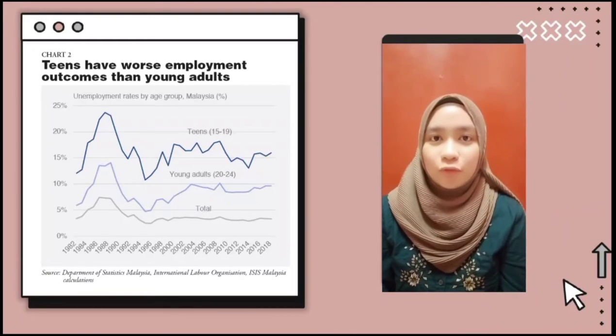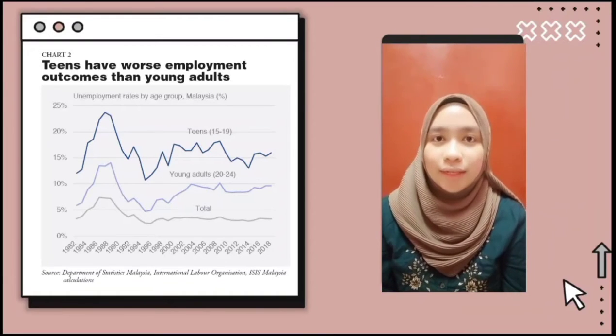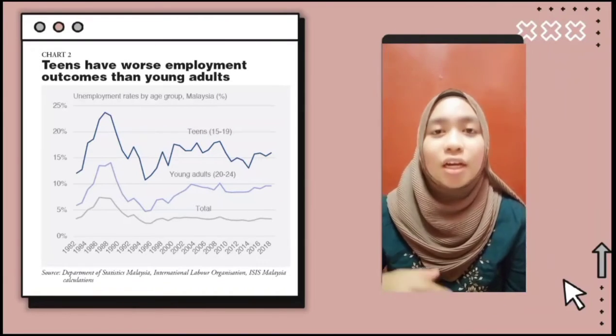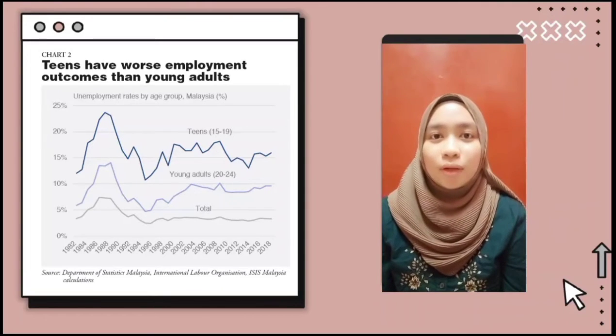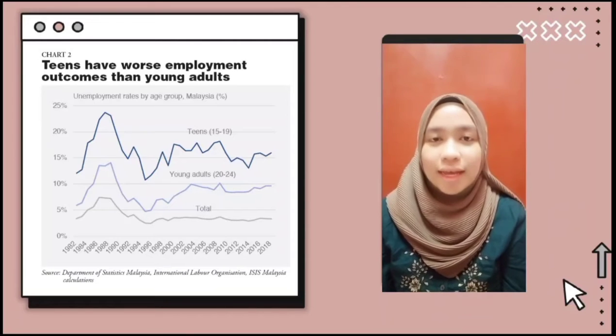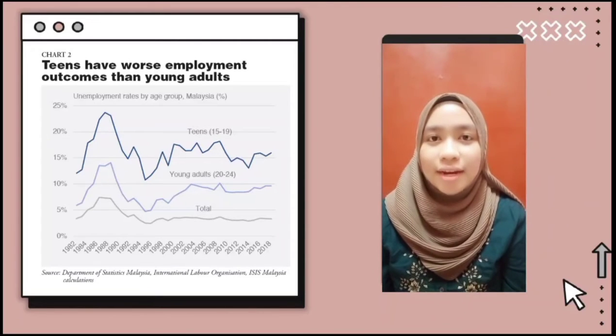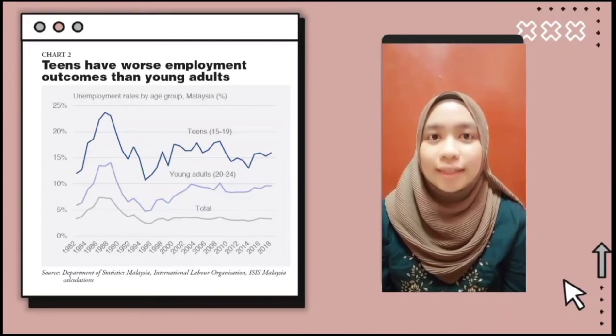In 1984, there was a sharp increase in teen unemployment rate, while the young adult unemployment rate gradually increased. Teen unemployment reached its peak in 1988, while young adult unemployment reached its peak in 1990. In 1990, there was a drastic decrease in young adult and teen unemployment rates until 1992.